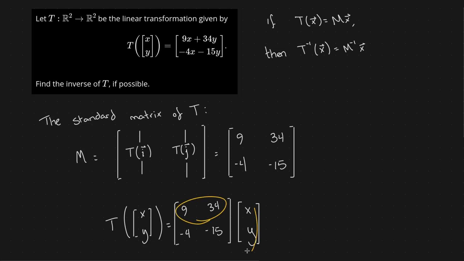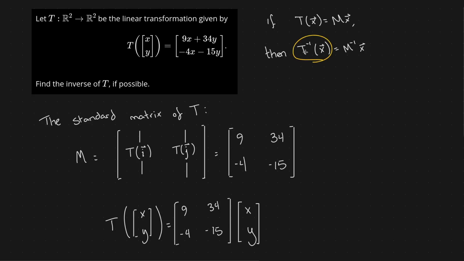Row 1, column 1, I just multiply those two. I'll get 9x plus 34y, okay? Row 2, column 1, if I take the dot product of those two, I'm going to get negative 4x plus negative 15y. Indeed, I get negative 4x minus 15y. Okay? So we do have our standard matrix here.